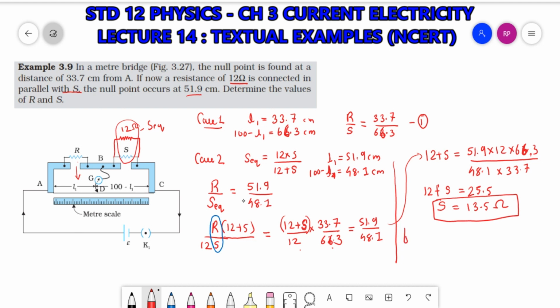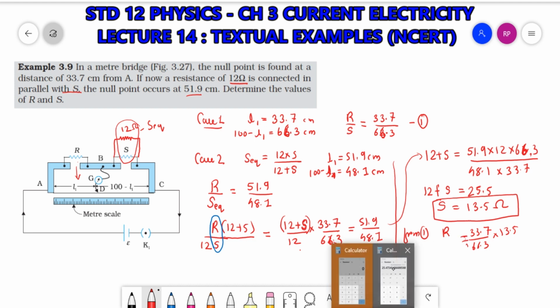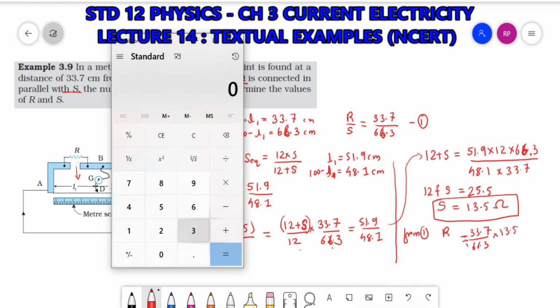Now for R, from equation 1, R upon 13.5 is equal to 33.7 upon 66.3. So 13.5 will go on this side, I will multiply it. So R is equal to 33.7 upon 66.3 into 13.5. That will be 33.7 into 13.5 divided by 66.3.